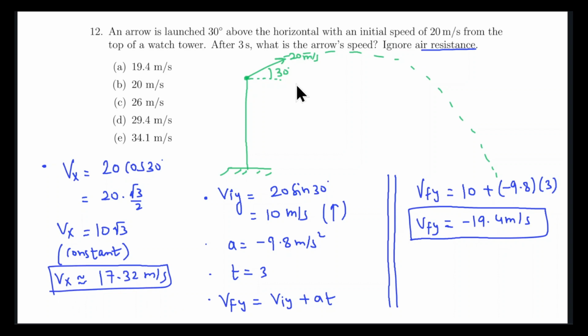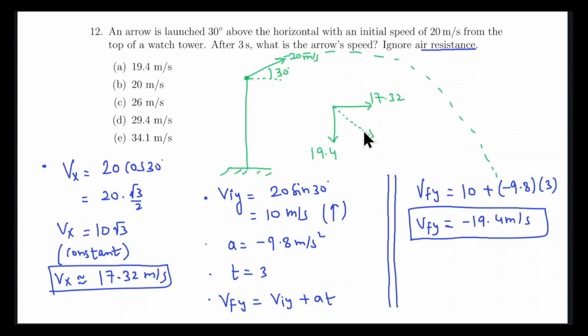So now I know that one velocity is in the x direction, which is 17.32, and one velocity is downward. How do I know it's down? Because that's negative, although it doesn't really matter. 19.4, and this is what I need, which is the hypotenuse.